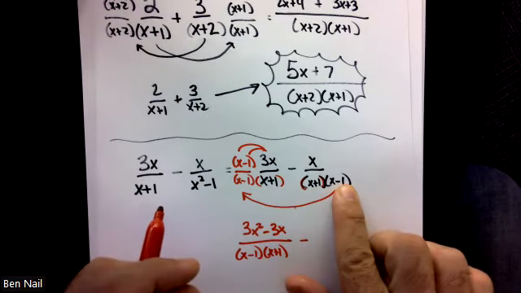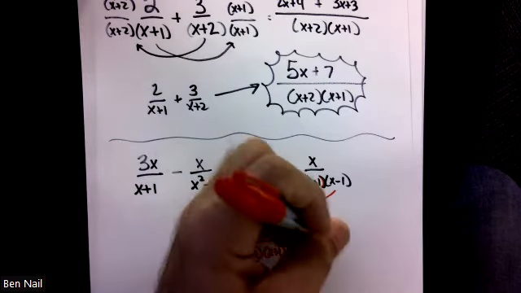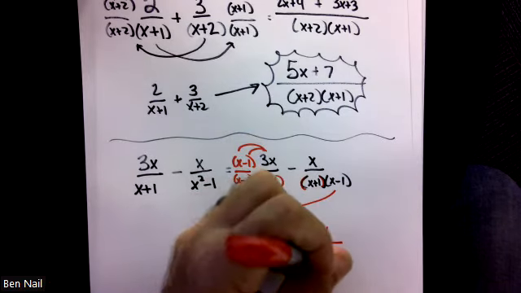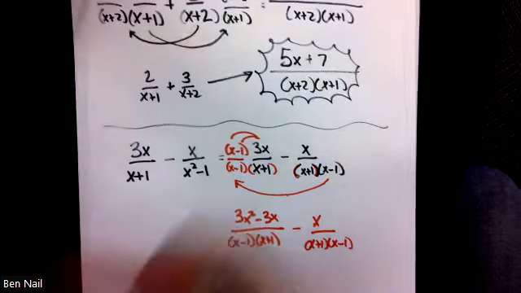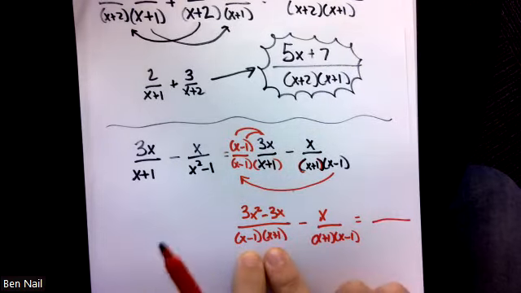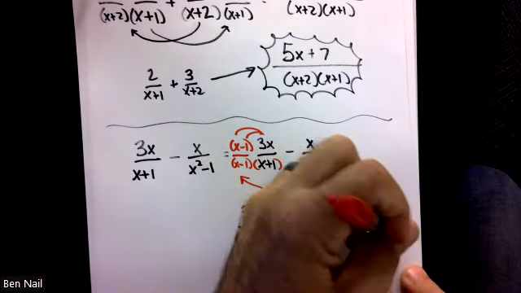Remember, this one, we didn't have to multiply anything. We already had both of those from our original problem. So we just keep that. So now we have our common denominator, x minus 1, x plus 1, x minus 1, x plus 1. So we keep it.